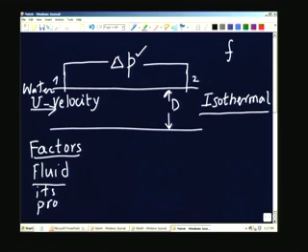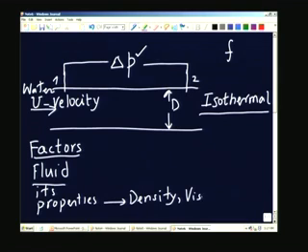Fluid is characterized by certain properties, and there may be the density, and in the case of pressure drop we expect viscosity, these two to play a role. So suppose I indicate density by the symbol rho and viscosity by the symbol mu, these two are going to be important. So this is the fluid and its property. Then the velocity, fluid velocity.